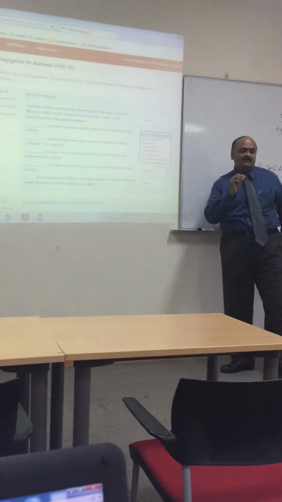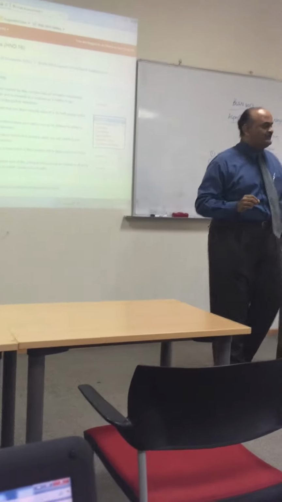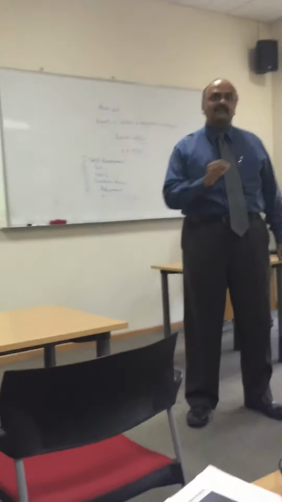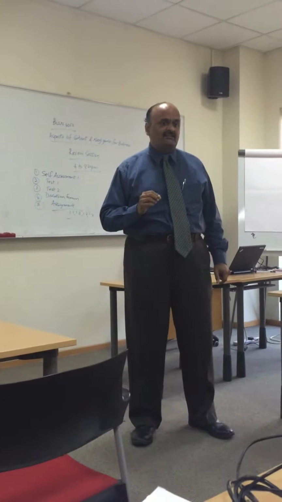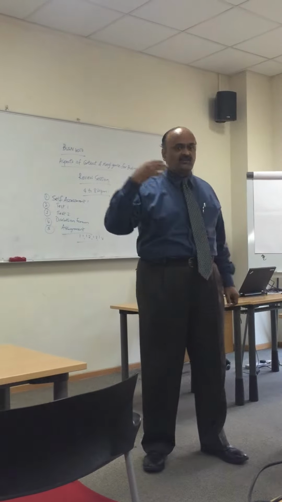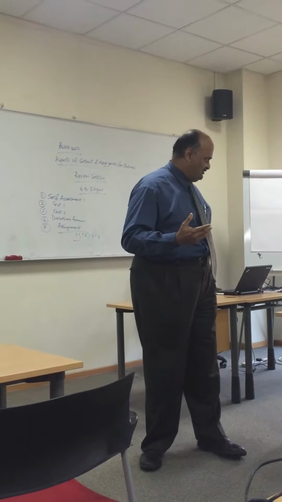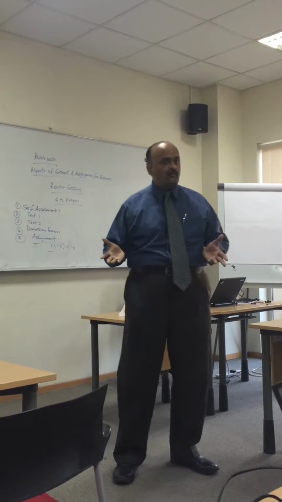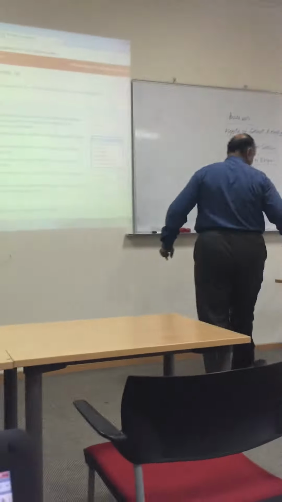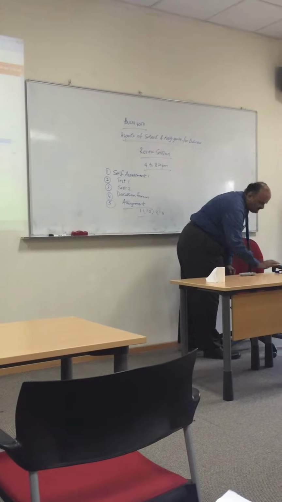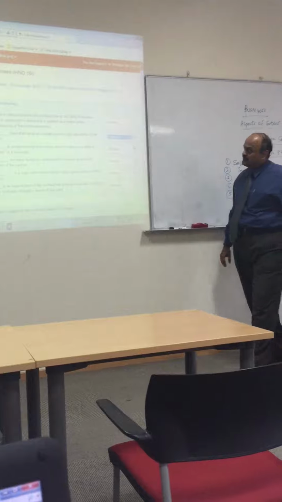For example, in an employment contract, what is express is payment of salary. Salary is an express term because it's very clear. Let's say the appointment letter says that I pay you a salary of 20,000 per month. So it is an express term, and there's nothing implied about it. So we mark that express.